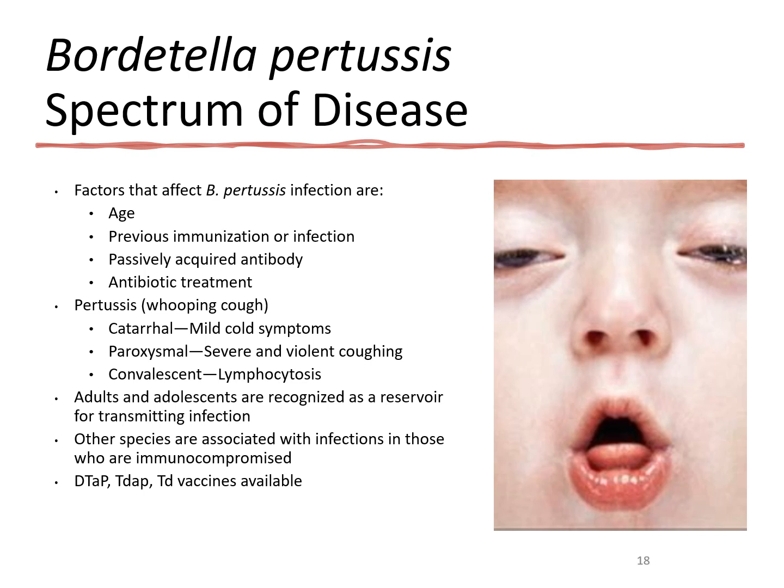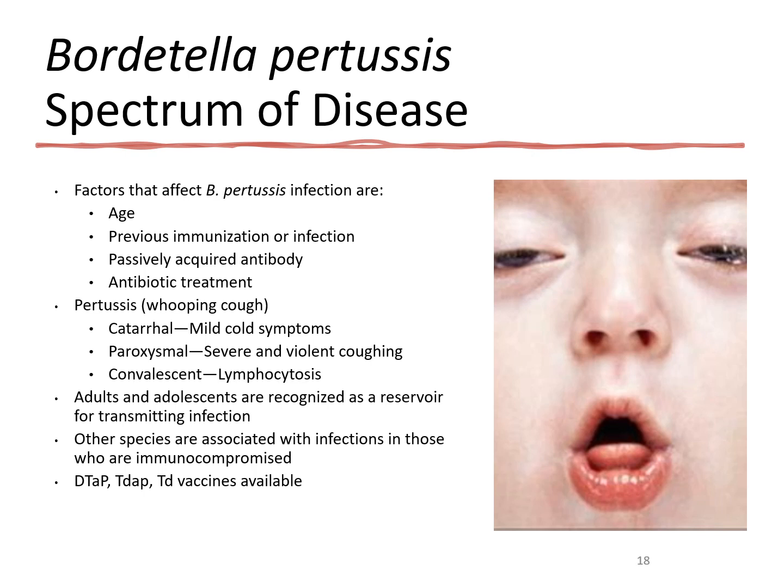So with this, it starts out with very mild symptoms, maybe cold-like symptoms, and then it will progress to a severe violent cough, and this is where you get that whooping sound, whenever the child coughs and then tries to breathe back in. And then it can go into a convalescent stage where it actually affects the lymph nodes.